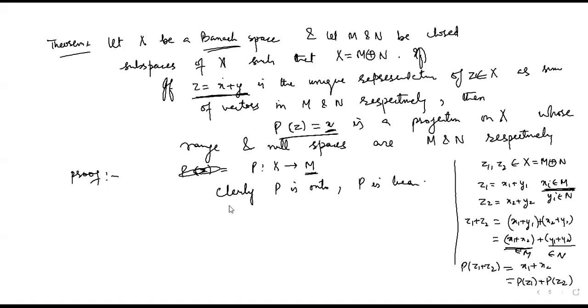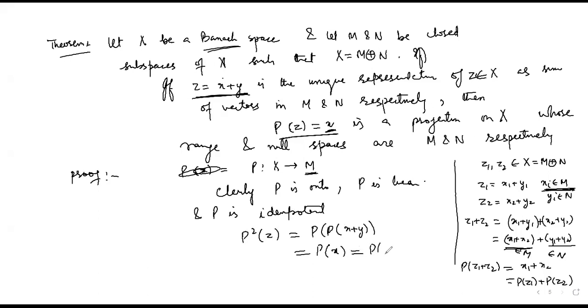And P is idempotent. Idempotent का मतलब P square of Z is equal to P of x plus y, isn't it? What is P of Z? Yeah, P of Z, that is x. So it will be P of x.